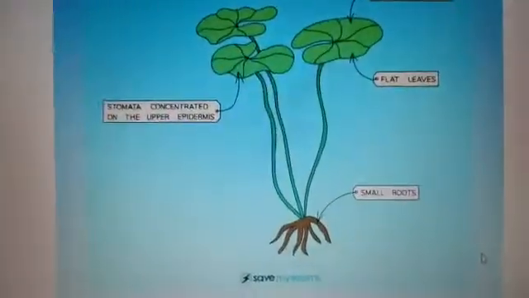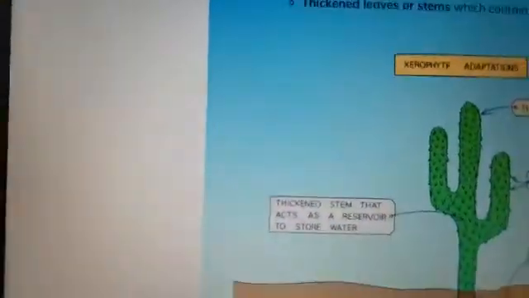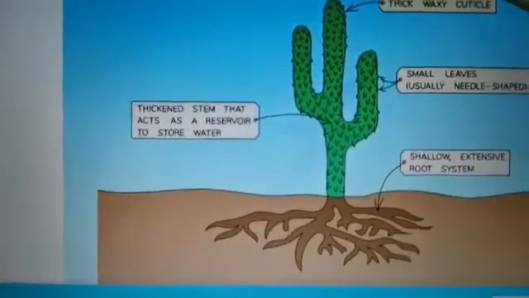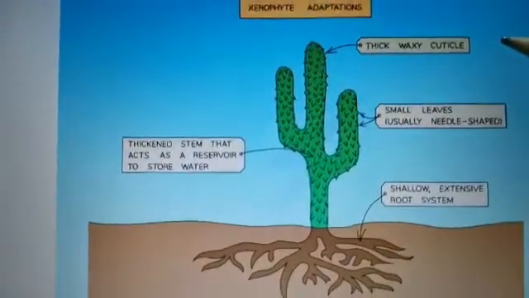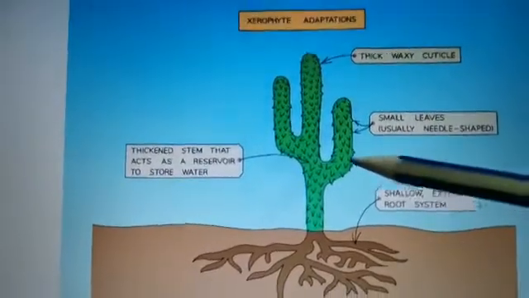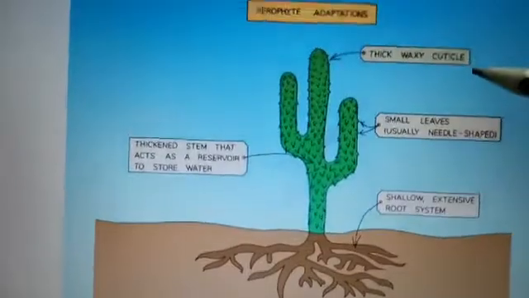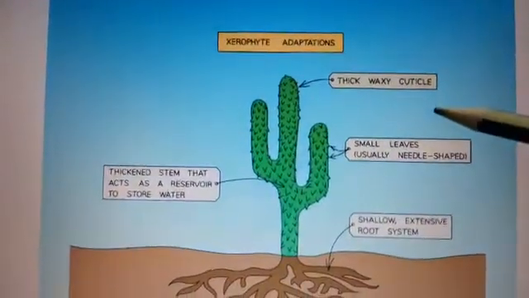Then if you are looking down, you can see the adaptations of the xerophytes. Xerophytes are plants growing in dry conditions or in deserts, like cacti. They have a thick waxy cuticle.